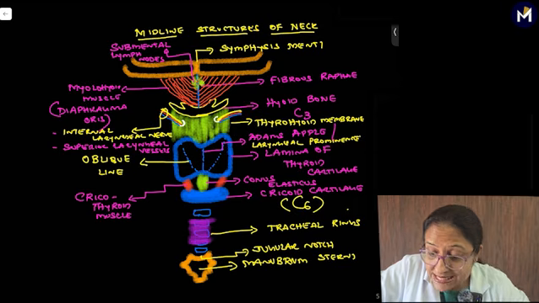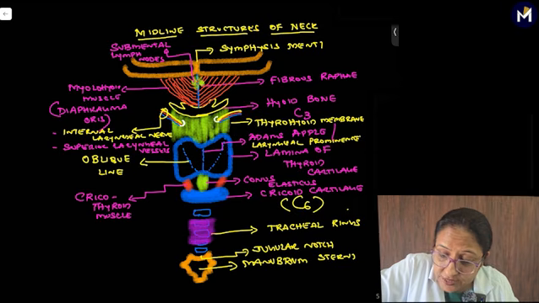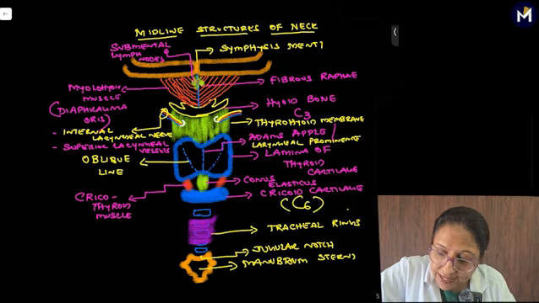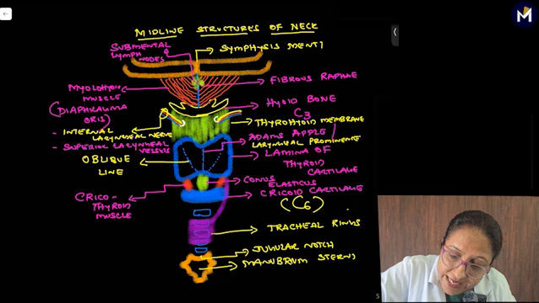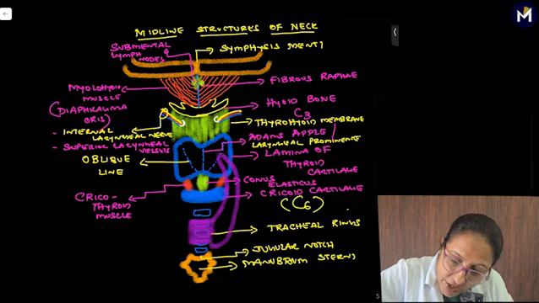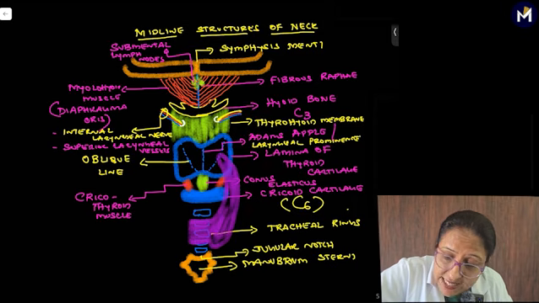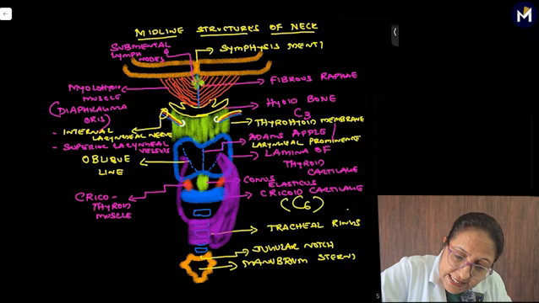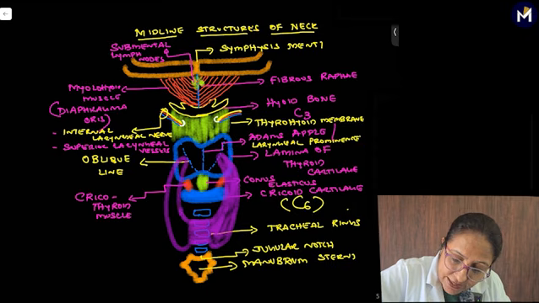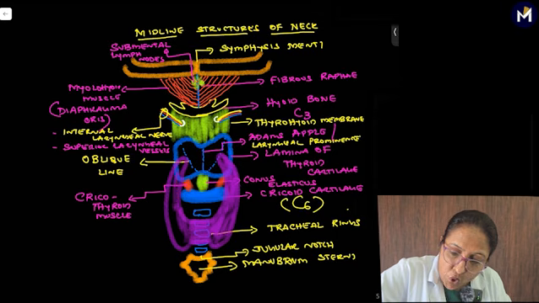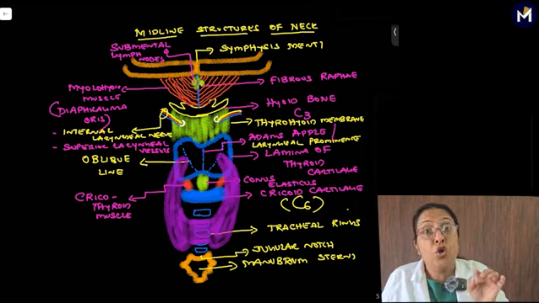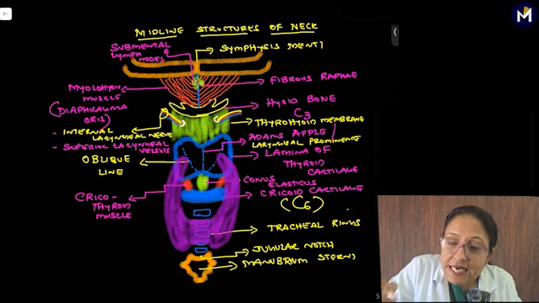Isthmus means a constricted part. So this is isthmus of the thyroid gland, and what I'm drawing now, this is the lobe of the thyroid gland. Thyroid gland has 2 lateral lobes. So this is how they extend upwards.